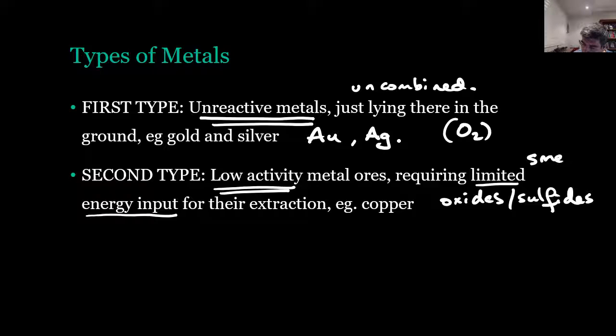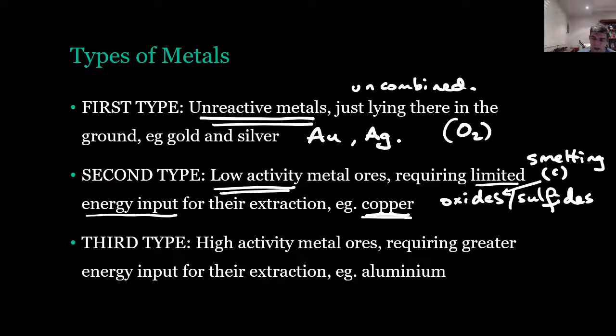So something like smelting, which just involves heating in the presence of carbon, usually in the form of coke or charcoal, which is going to often remove, say, the oxide from the metal and leave the pure metal behind. Copper is one of the examples of a low activity metal in this second grouping.